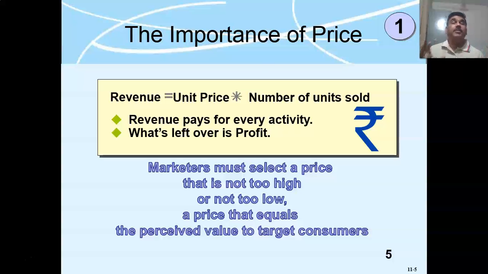Because the perceived value in the eyes of the consumer for a particular bread is 25, 50 rupees only, right? That perceived value exists for every product in the eyes of consumers, but it depends. It can change based on what kind of promotional strategies marketers use to sell that product, right?